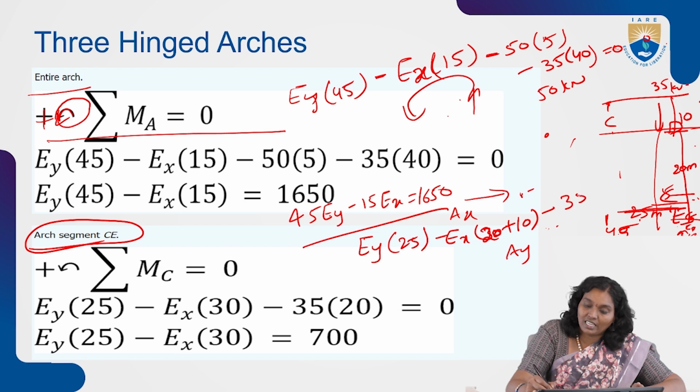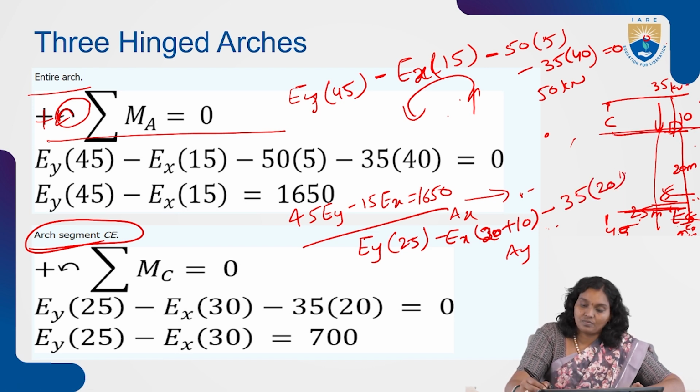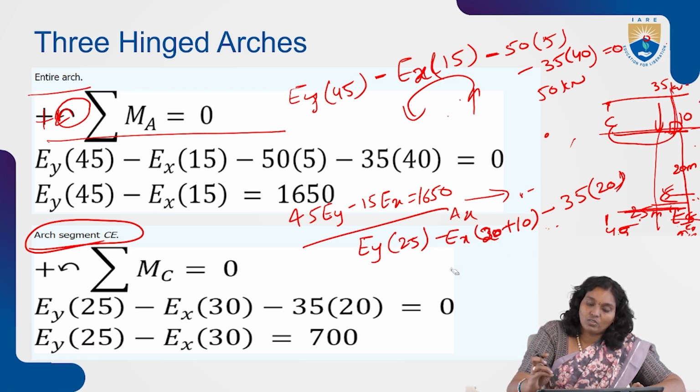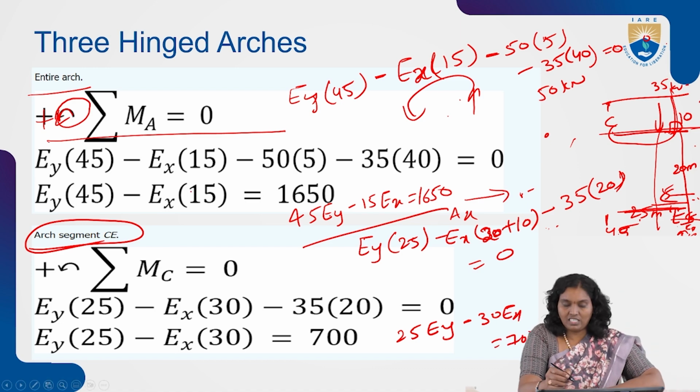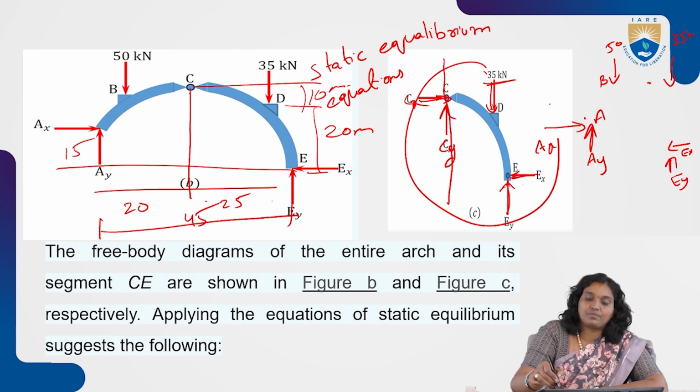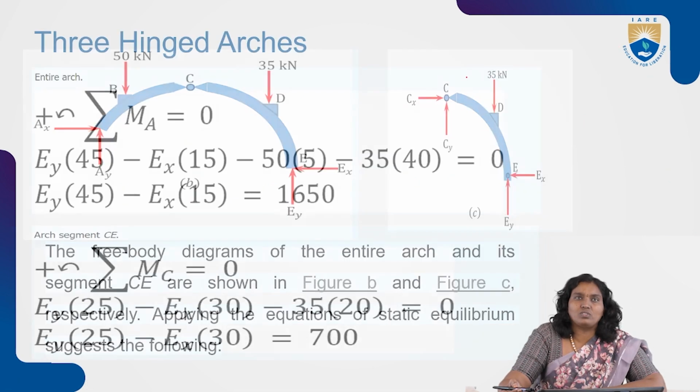Minus this load, 35 multiplied by the horizontal distance 20. So 35 multiplied by 20 is equal to 0. So after calculations, 25 EY minus 30 EX is equal to 700 when we consider the arch CE only.